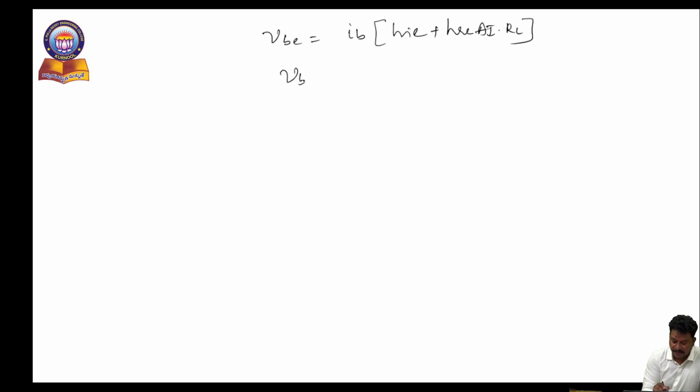HRE was missing earlier. And I take the ratio by sending this IB to the left-hand side: VBE by IB equals HIE plus HRE AI into RL.